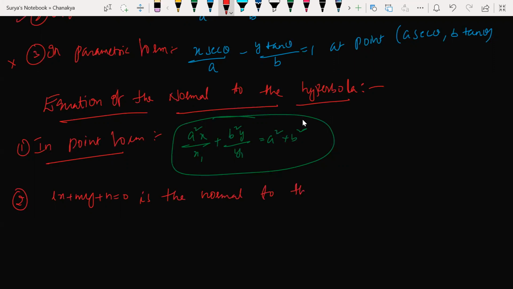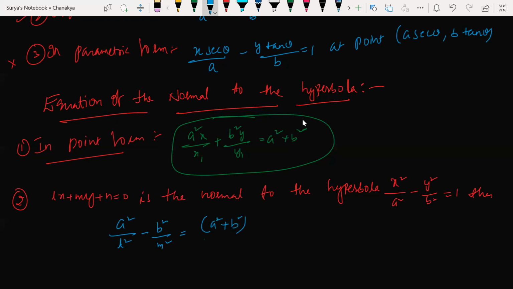to the hyperbola x square by a square minus y square by b square is equal to 1, then what is the formula? a square by L square minus b square by m square is equal to (a square plus b square) whole square by n square.